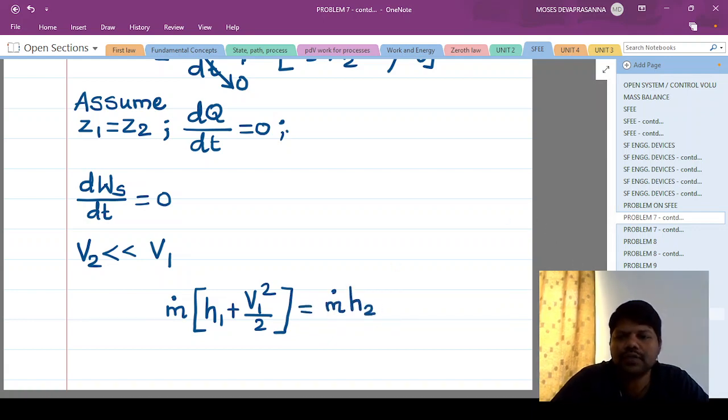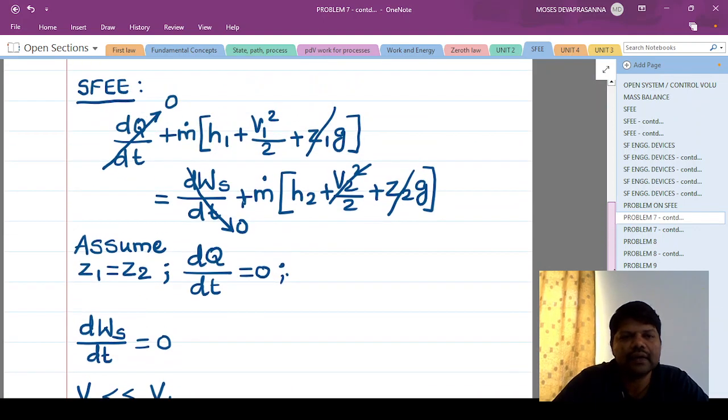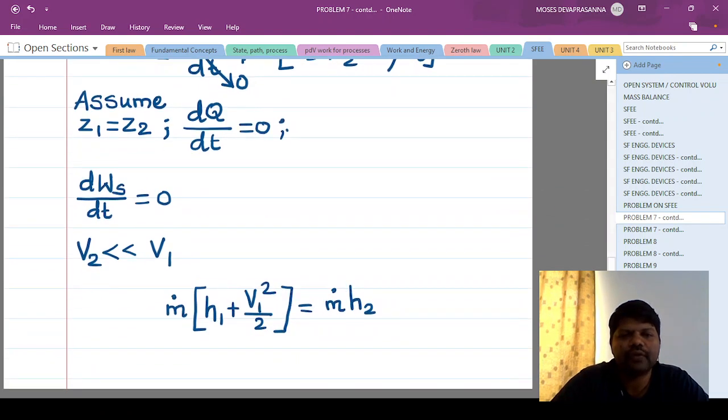All the other terms are cancelled or neglected. You can look at this equation. We have remaining m dot into h1 plus v1 square by 2 on the left hand side, and on the right hand side you have m dot into h2. Now we have to find out a temperature, so I am going to write down the enthalpy in terms of temperature.